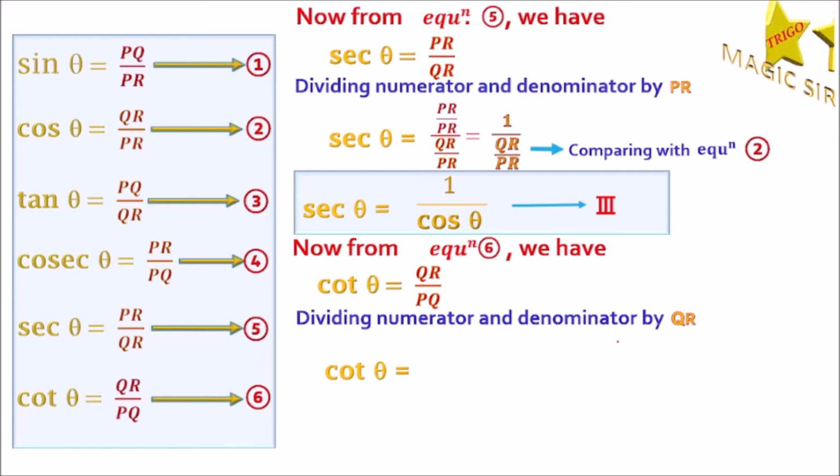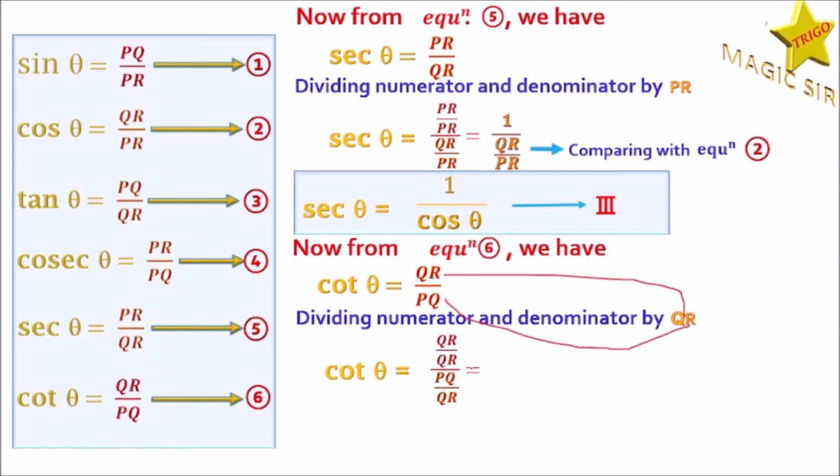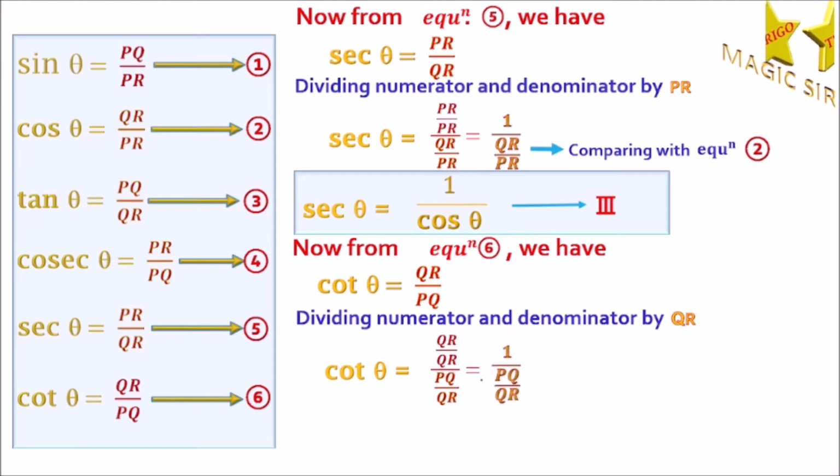So cot theta is equal to QR upon QR from here and PQ upon QR from here. But we know that QR upon QR is equal to 1. So cot theta equal to 1 upon PQ upon QR, where QR upon QR is equal to 1 and PQ upon QR is as it is.